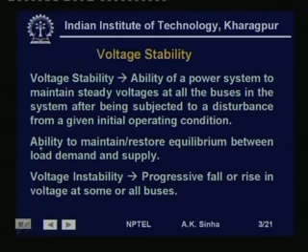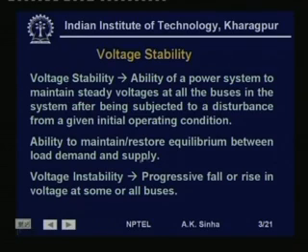Basically, it is the ability to maintain or restore equilibrium between the load demand and the supply. That is, if we are able to maintain the equilibrium, that is, match the load demand with the supply, then the system will be stable, otherwise the system may become unstable.